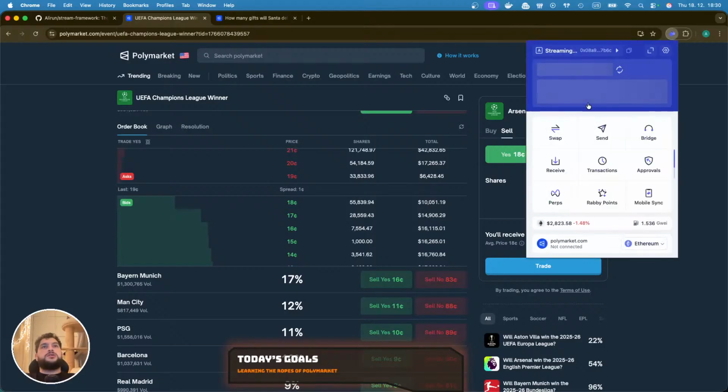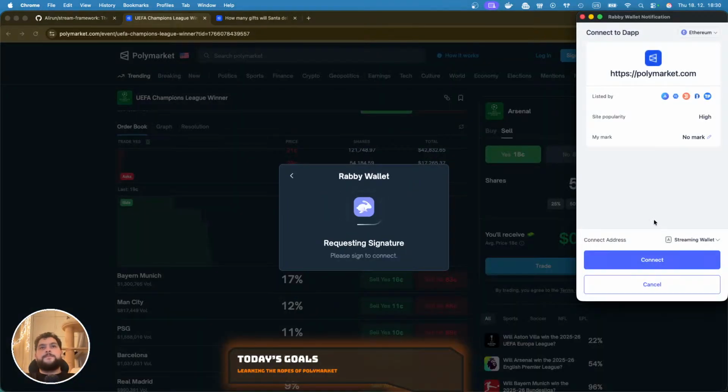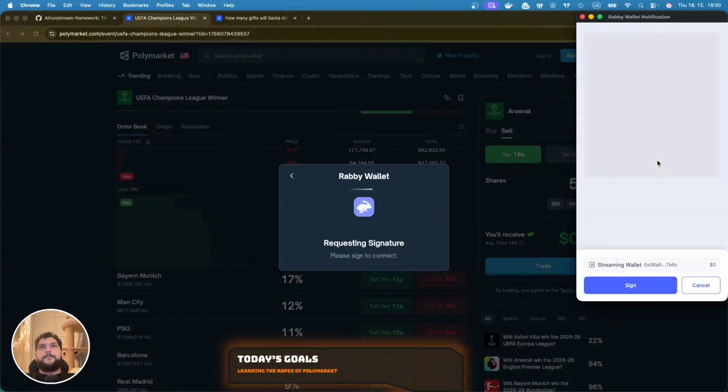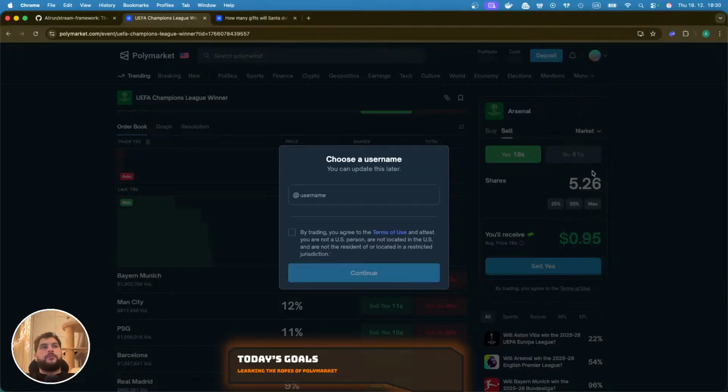You know what, let me just quickly send assets here, or maybe I can just log in. This is my wallet. I think my username is already taken.